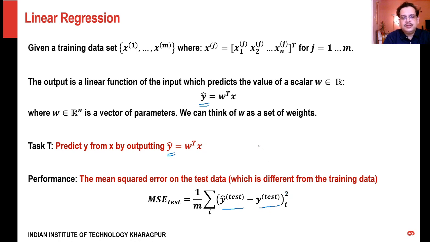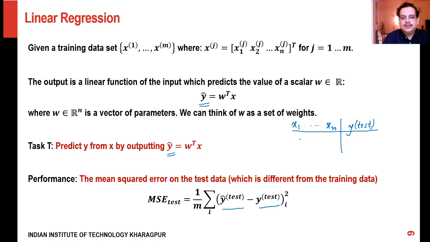Now remember that the test data contains the value of y test. So that means I have the value of y test corresponding to all my variables that I have, namely my x1 through xn. Corresponding to that, I have the value of y test.